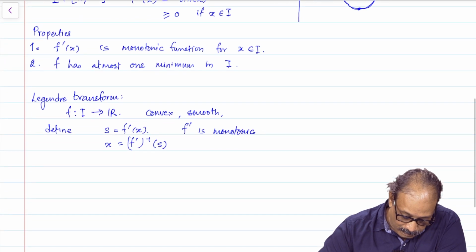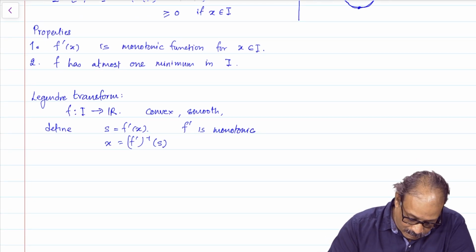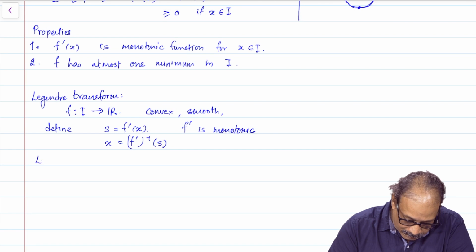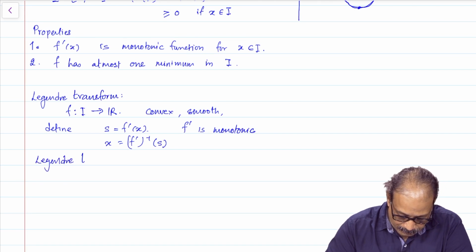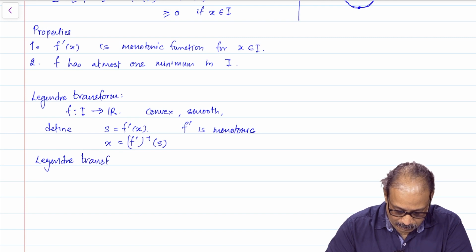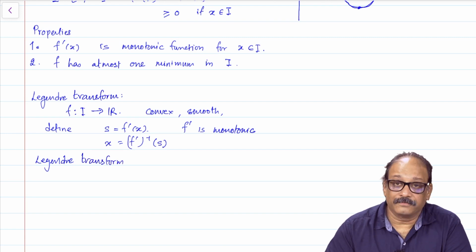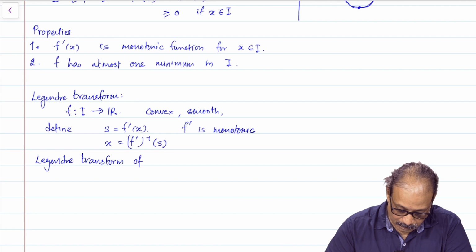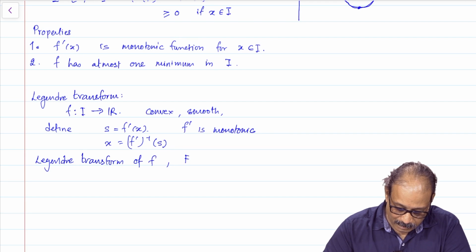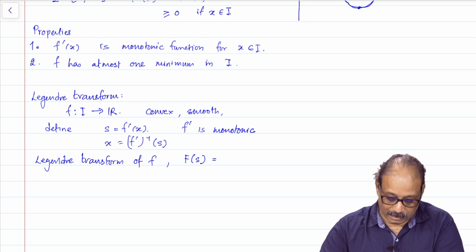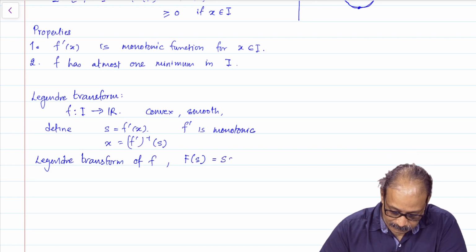Okay. Now, I will define the Legendre transform of f, and we will denote this by capital F. So, capital F of s, define it as s into x minus f of x.